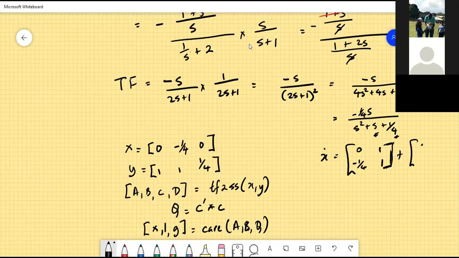Plus 0, 1, U, and Y is equal to 0, and the S is negative a quarter. So this is what MATLAB is going to give you, upside down, backwards.